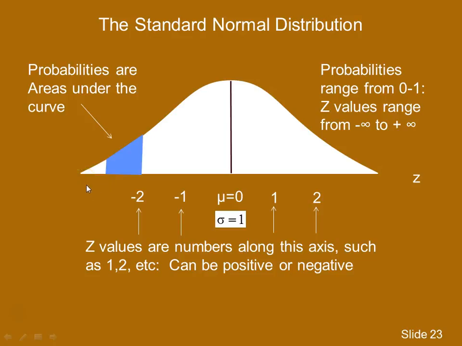And if you remember our discussion of normal curves earlier in the course, most of the time you're within 3 standard deviations around the mean. But Z values can actually be any number. Probabilities under the curve, remember, range from 0 to 1. So they can't be any number.